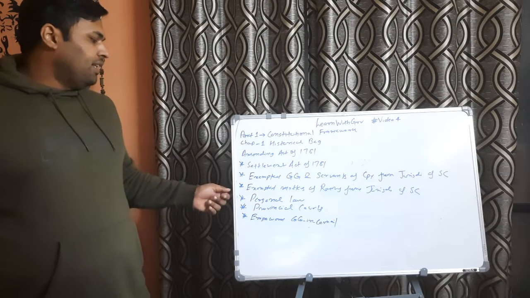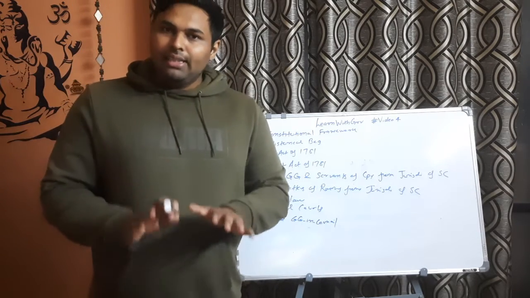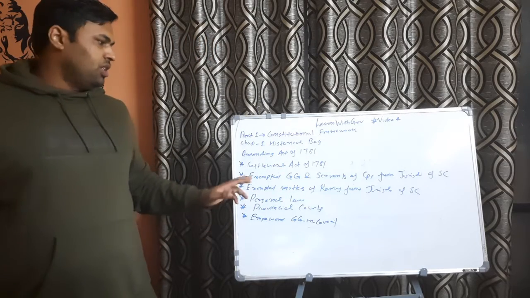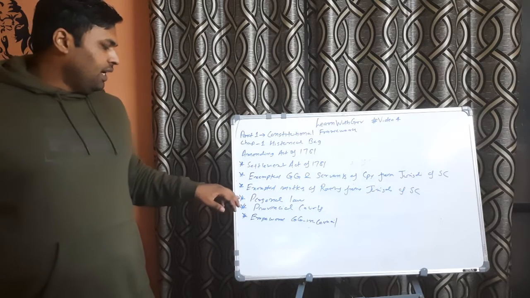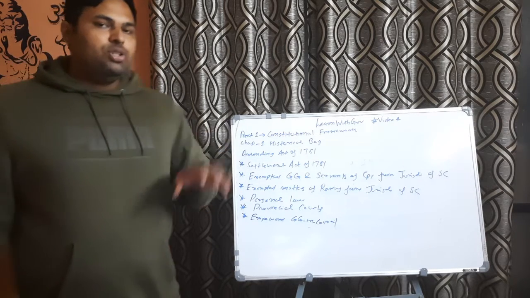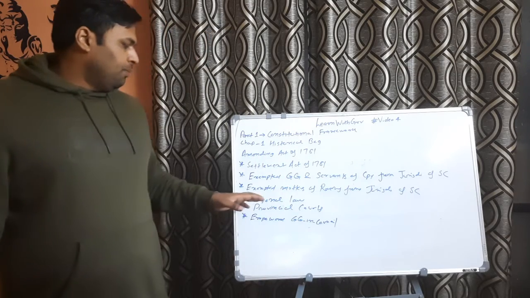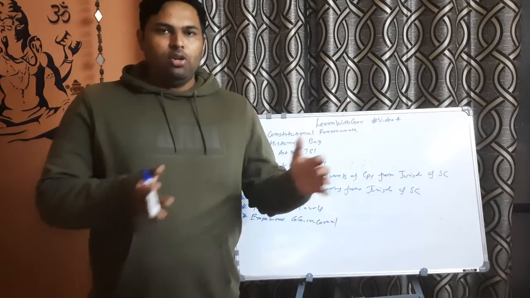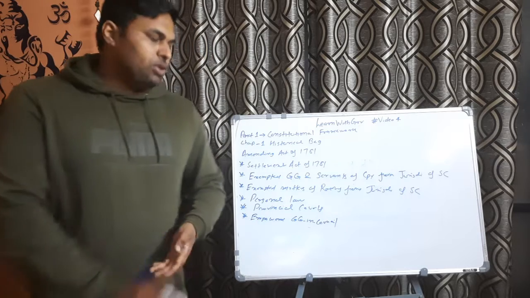The next point was that they exempted matters of revenue and matters arising when collecting the revenue from the jurisdiction of the Supreme Court. Then the Supreme Court had jurisdiction over the inhabitants of Calcutta, and people were to be tried according to their personal law. If somebody is a Hindu, he would be tried according to the Hindu law, and if he is a Muslim, according to the Muslim law.